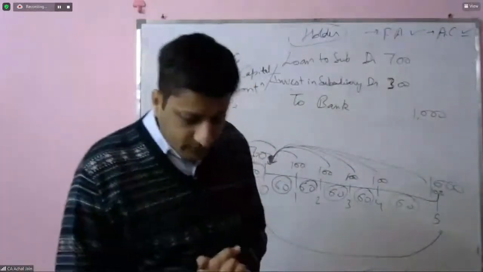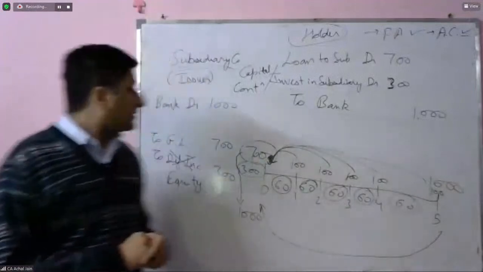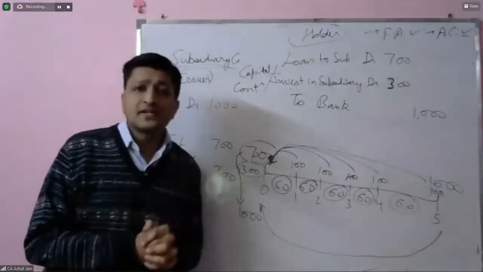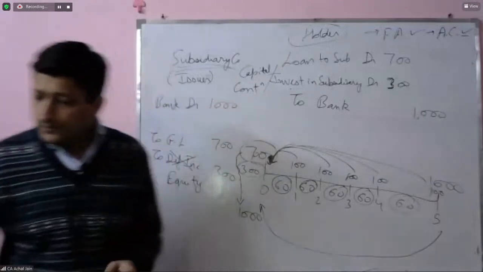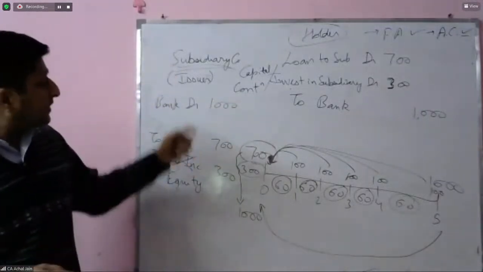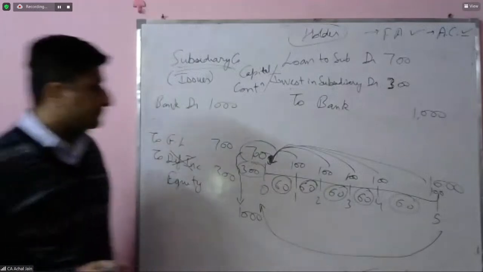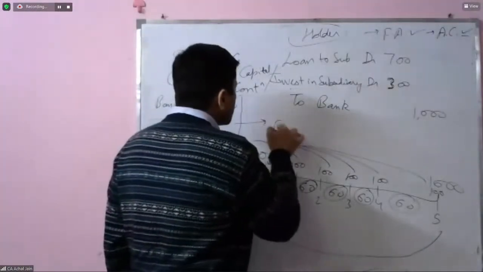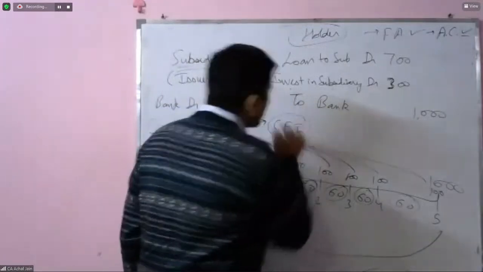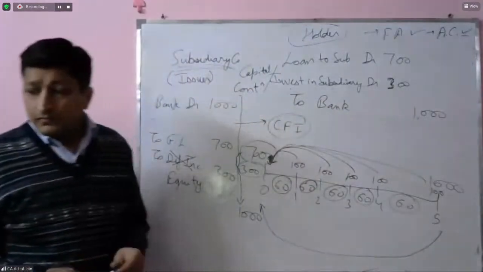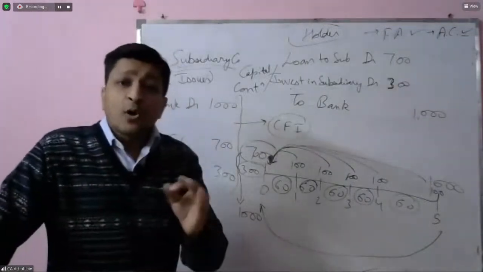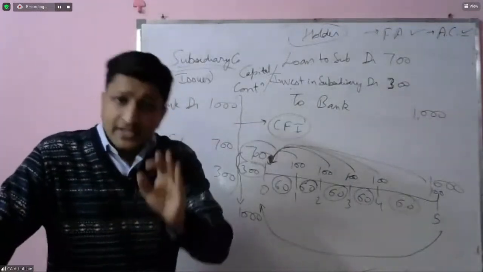Now, if you look at this instrument, the reason why I picked up this example of holding and subsidiary at this point of time is that if you look at this type of instrument, what do we call it as? Again, compound finance instrument, wherein the interest component was not necessarily equity.